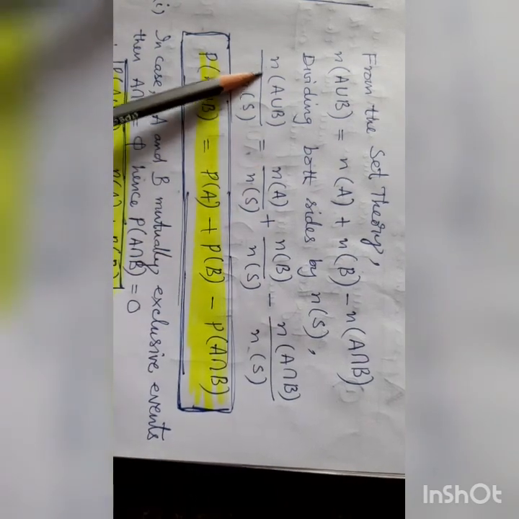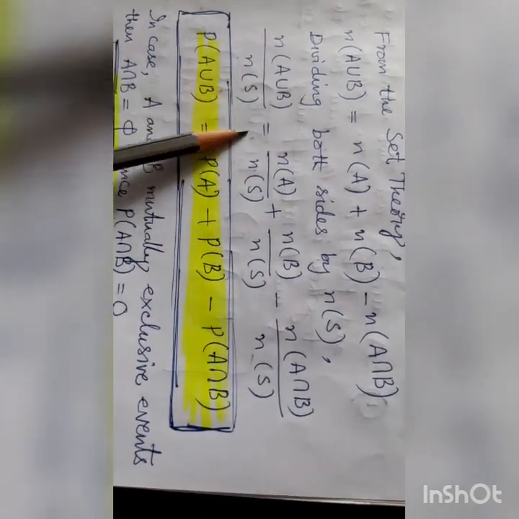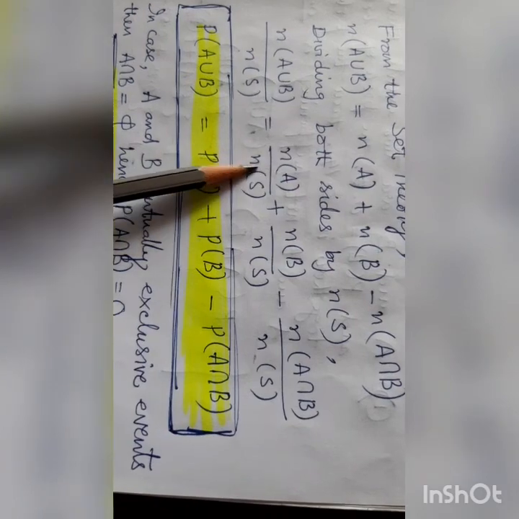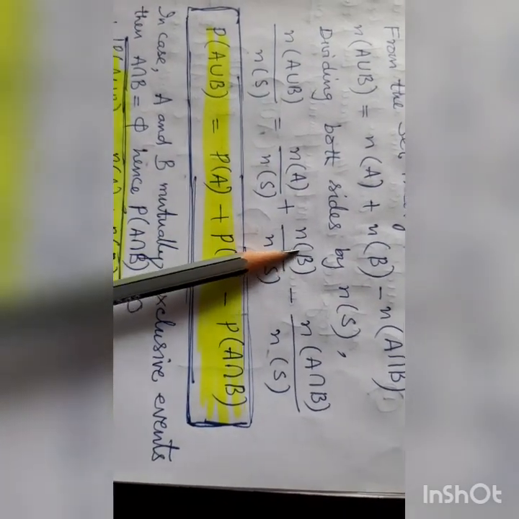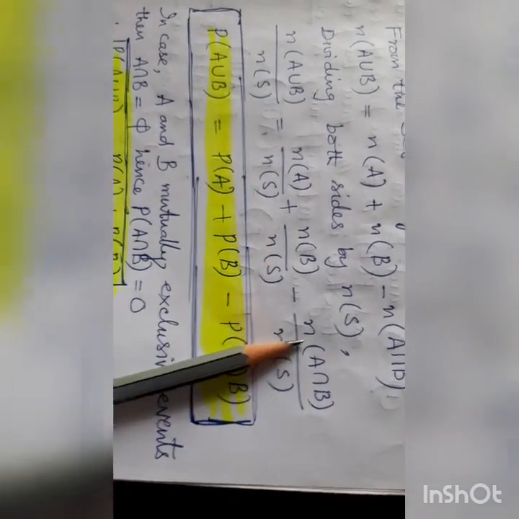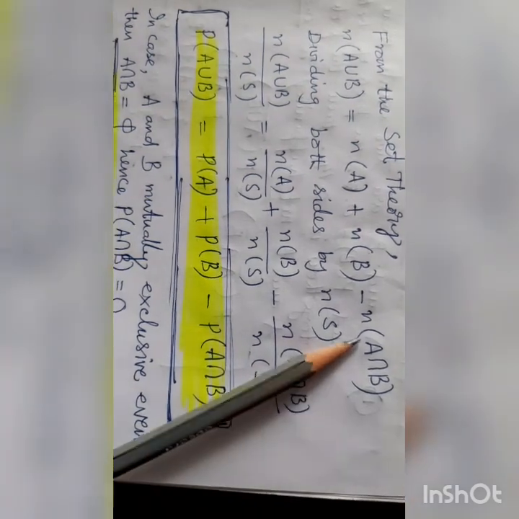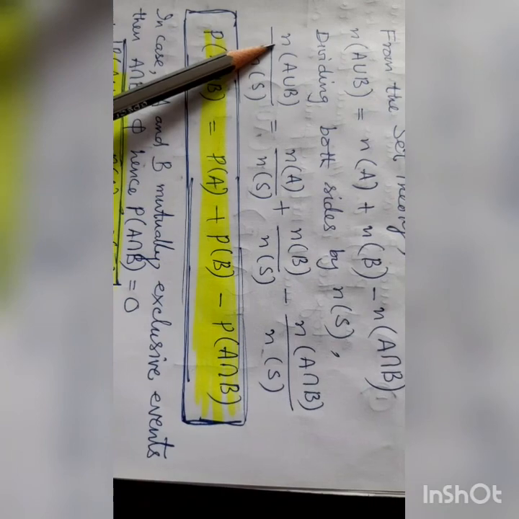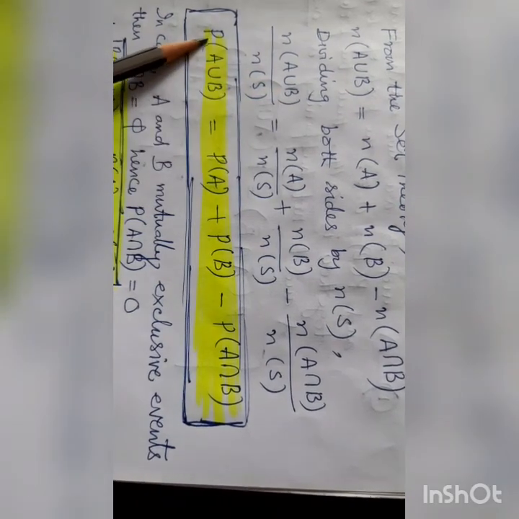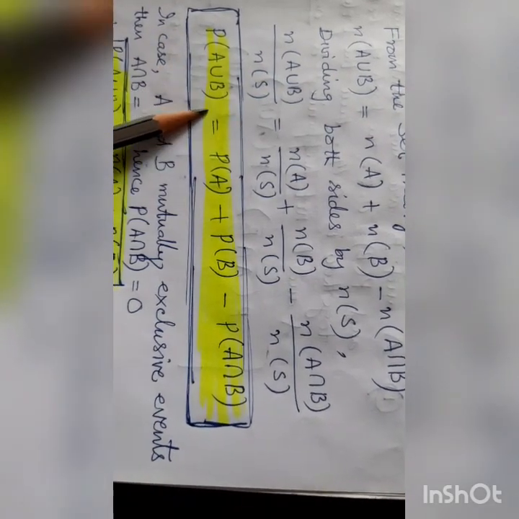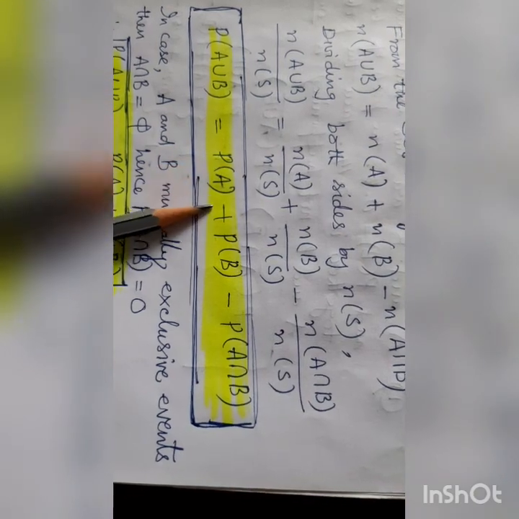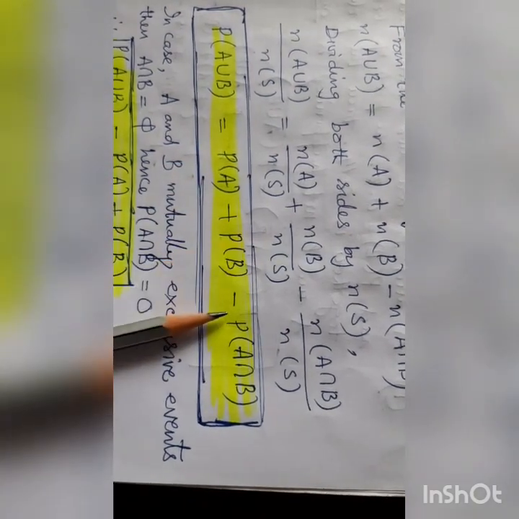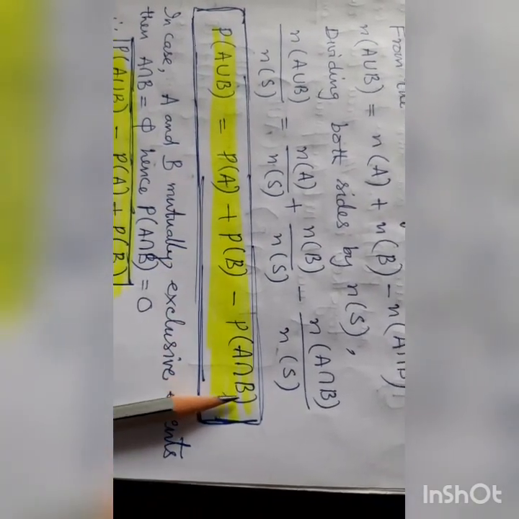So n(A ∪ B)/n(S) = n(A)/n(S) + n(B)/n(S) − n(A ∩ B)/n(S). n(A ∪ B)/n(S) is nothing but P(A ∪ B) = P(A) + P(B) − P(A ∩ B).